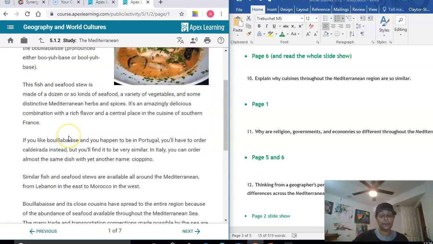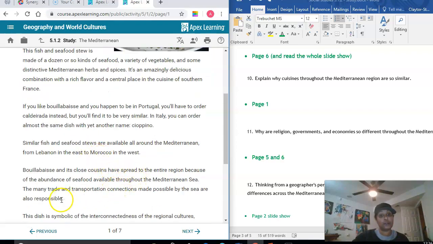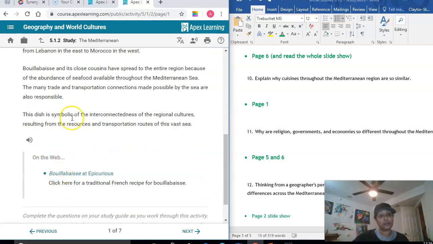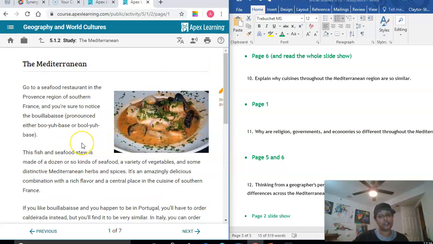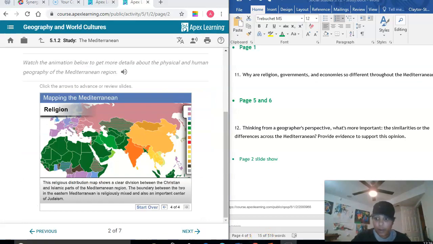That will be fish, of course, the spices, and what they have access to because of the abundance of seafood available throughout the Mediterranean Sea. Many trade and transportation connections made possible by the seas are also responsible. All right, this is an interconnectedness, so a lot of those areas are eating the same dishes because of what they have access to.